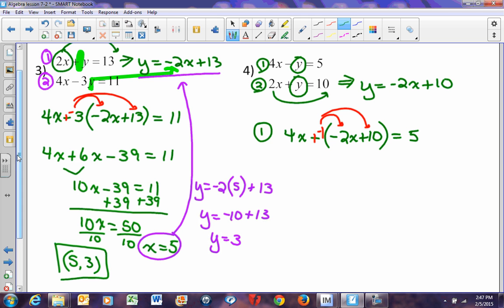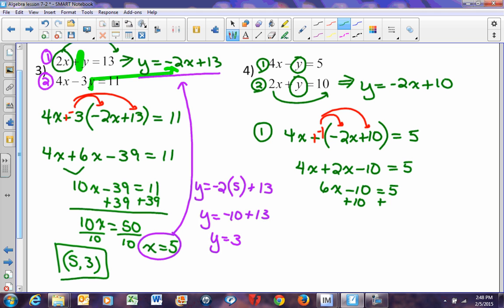If that keeps you from making a mistake with one of your negative signs, I would highly suggest you do that. So I have 4x. Negative 1 times negative 2x is positive 2x. Negative 1 times positive 10 is negative 10, and that will equal 5. So this becomes 6x minus 10 equals 5.